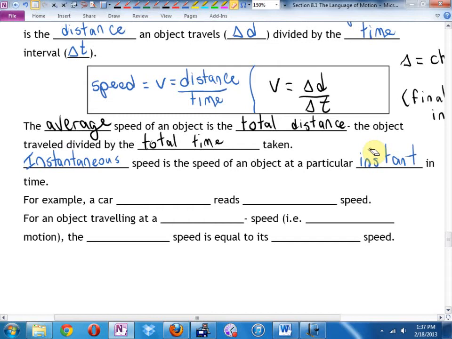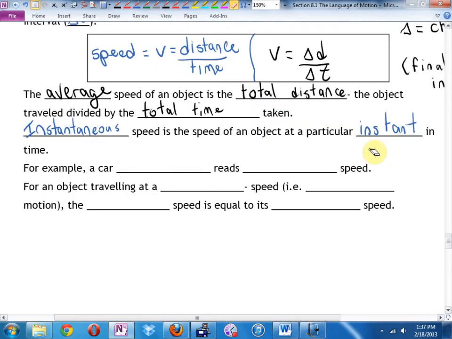Not really accurate in real life, but close. So, for example, as I mentioned, a car speedometer reads instantaneous speed. That tells you how fast you're traveling at that moment.